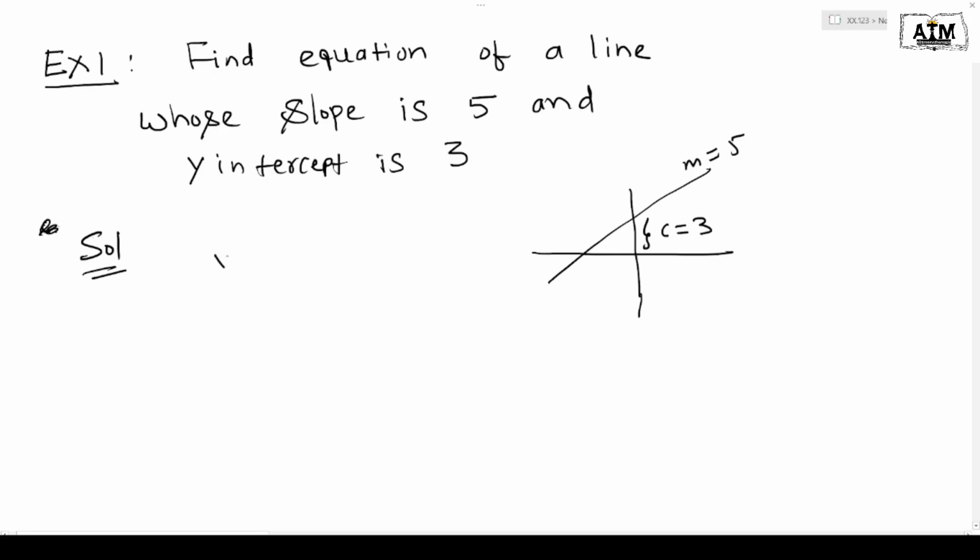Now the formula y equals mx plus c, where the m value is 5 and the c value is 3. So y equals 5x plus 3 is the required equation of the line.